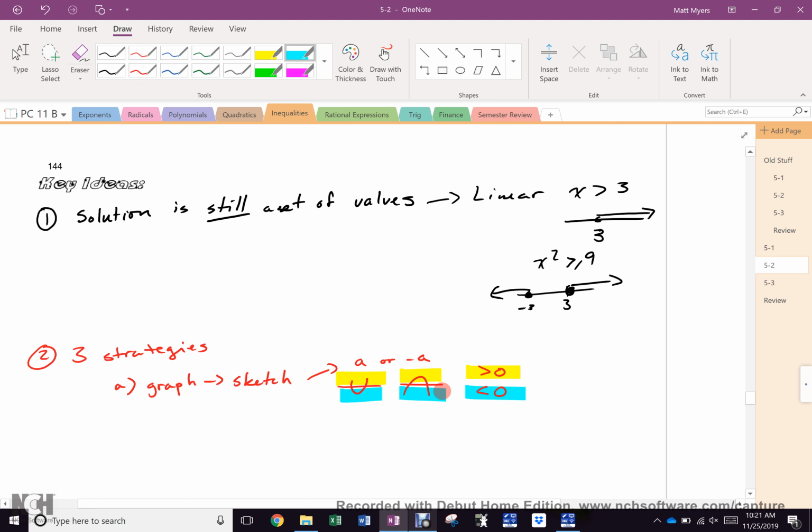Down there. We all get that, yes? Right? So that's one. You sketch the graph. What's the second choice? Roots and test points. x1, x2.